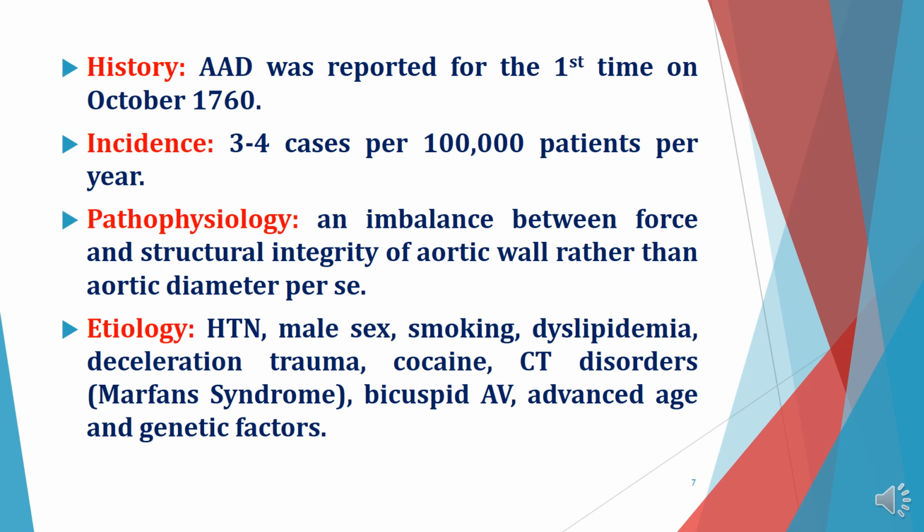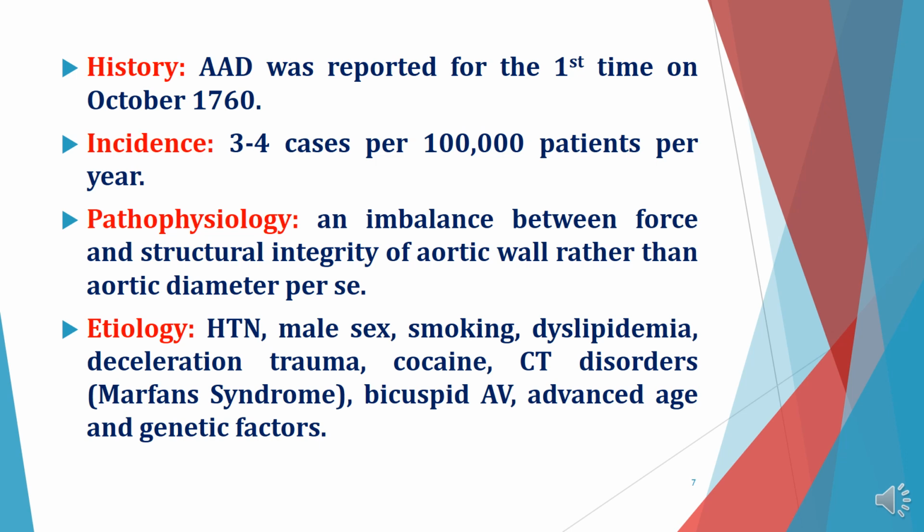The pathophysiology is believed to be due to an imbalance between the force of blood flow and the structural integrity of the aortic wall, rather than due to the aortic diameter per se. So aortic dissection can occur in aortas of normal size, not necessarily dilated aortas.